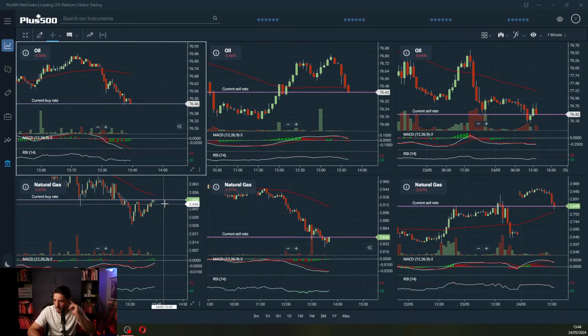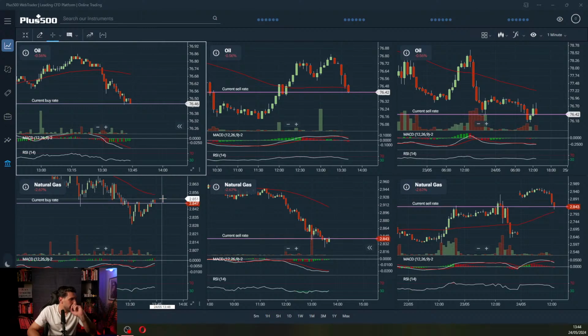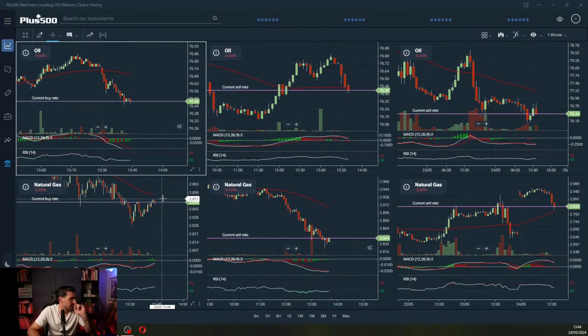Okay, looking at natural gas at the moment, we're kind of finding some resistance at 2.85. Okay, so you use the percent and look at the main commodity. Yeah. I mean, I don't know if you'll notice, but Plus500 changed the interface yesterday.